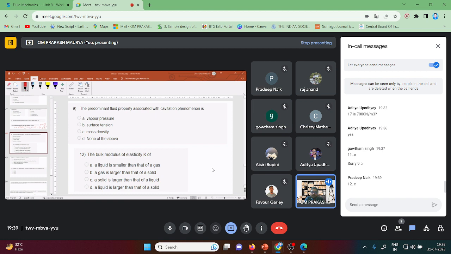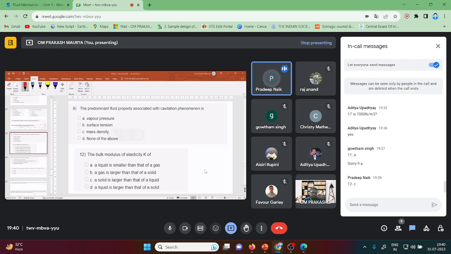So when you apply force on the solid, the volumetric deformation will be less as compared to the liquid. So the bulk modulus of elasticity of a solid is larger than that of a liquid. So option number C is correct for question number 12.